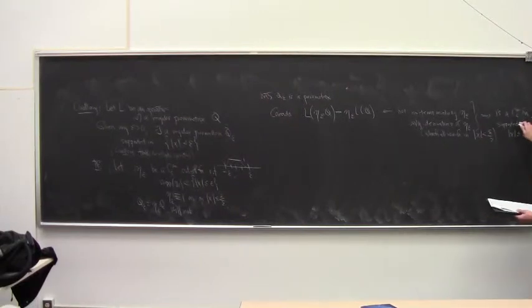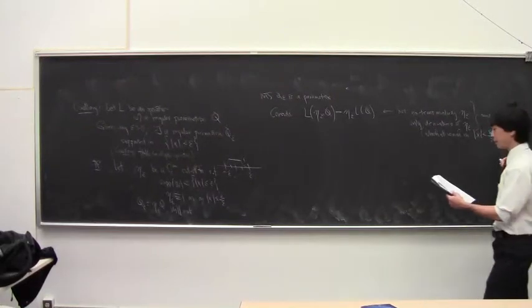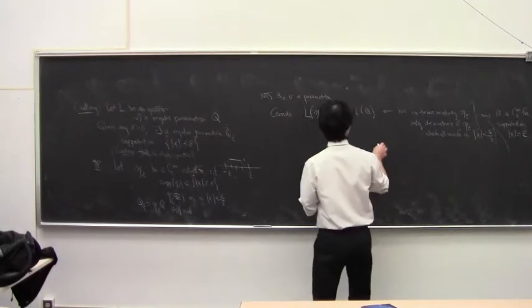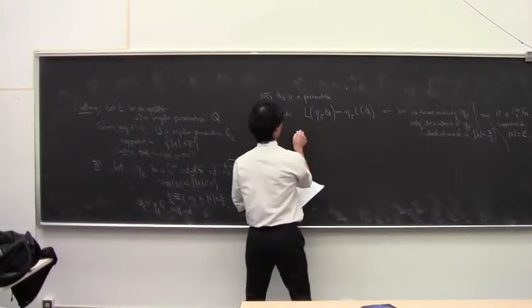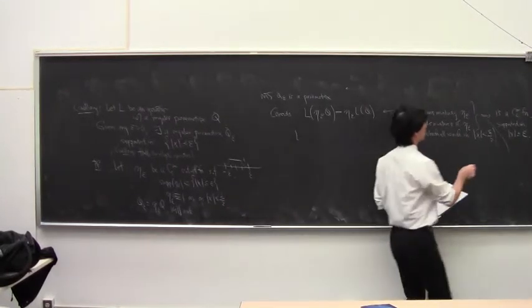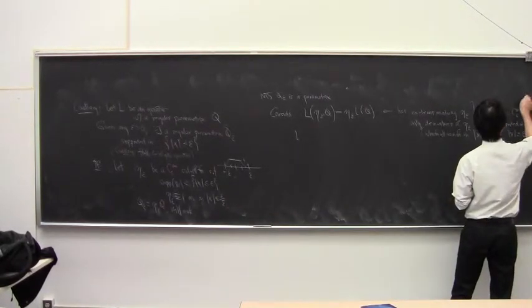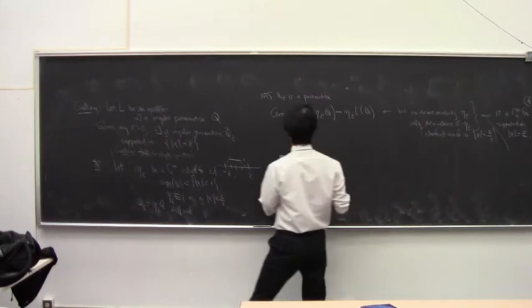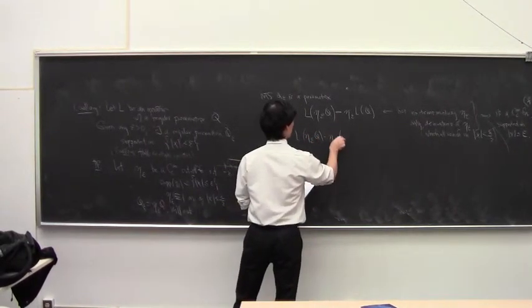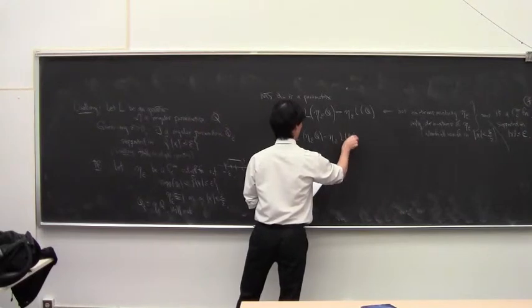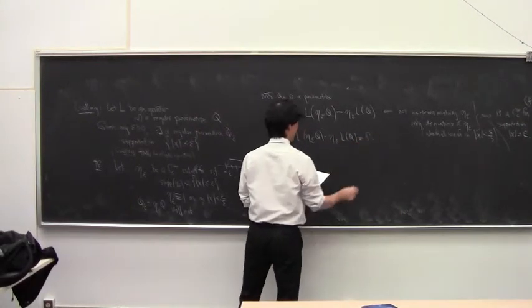So it's a compactly supported smooth function, supported in the epsilon ball. Let's say that that guy is called F.